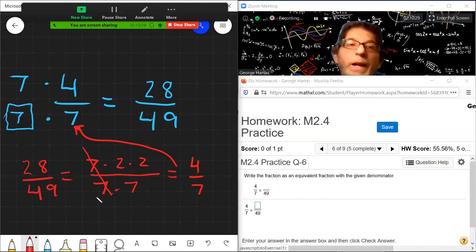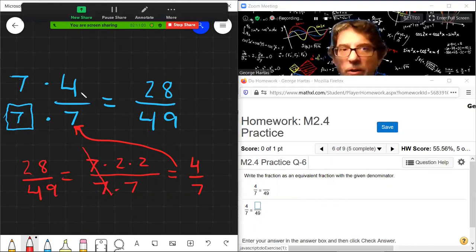So typically, most of the time, at least in Math 50, you will go from a higher fraction to a lower fraction like we've been doing, reducing a fraction. But sometimes you have to go from the reduced fraction to an equivalent bigger fraction. That's the case that you will run into when you're adding and subtracting fractions with different denominators.